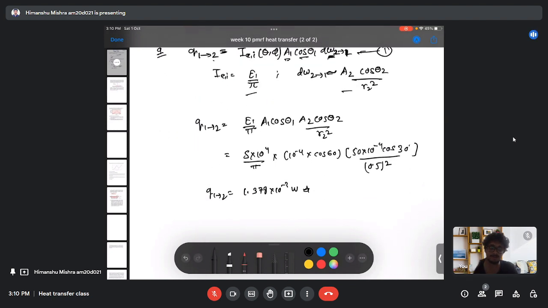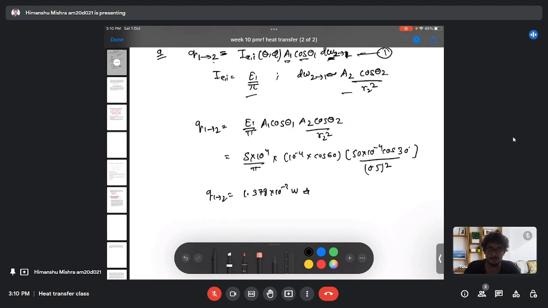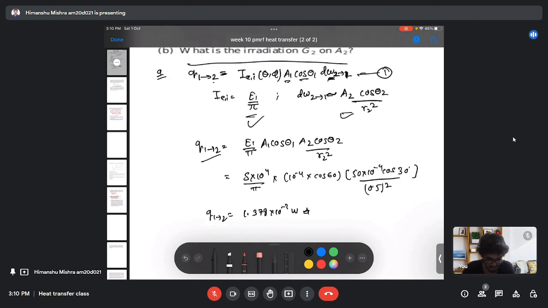Since the solid angle depends on the area A2 and the irradiation angle as well, I can substitute the expressions for the solid angle and the intensity into my heat equation, and then we just need to substitute the values. This is my fundamental equation for the heat transfer due to radiation if we are given the intensity, which is direction dependent.